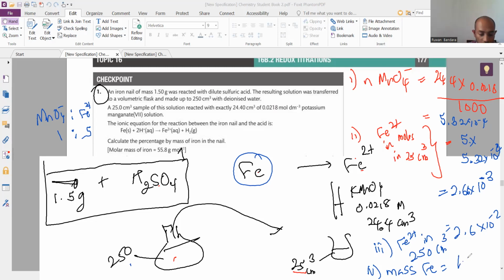It's 1.48 grams, right? Now that is the mass of Fe, but you have used 1.5.